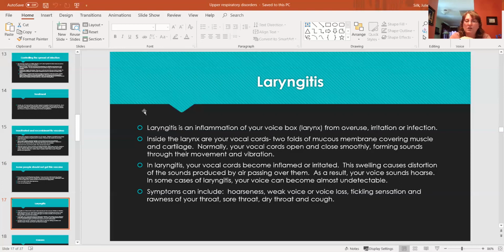So it makes your voice sound really hoarse, or maybe you don't have a voice at all. Symptoms of laryngitis, again, are hoarseness, weak voice or voice loss. Sometimes people get a tickling sensation or rawness of their throat, dry throat, or cough.